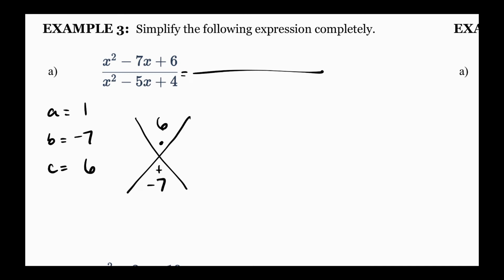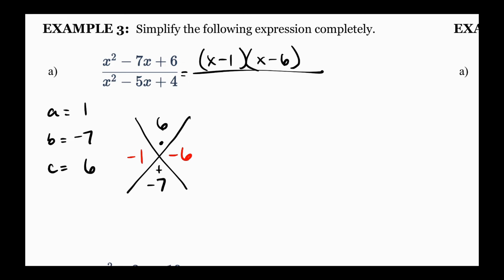So what numbers multiply to be the top, 6, but add to be the bottom, -7? -1 and -6, yep. So that means the numerator becomes x minus 1, x minus 6, right?